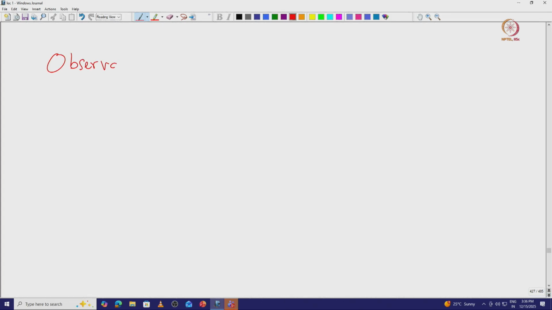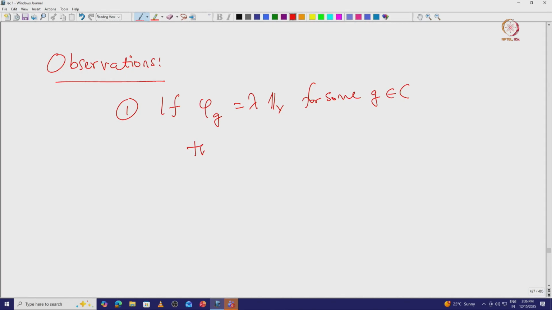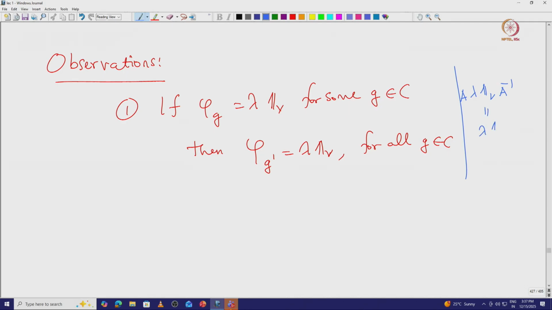Suppose we have phi(g) equal to lambda times identity for some g in C. Then we can conclude that phi(g') equals lambda times identity for all g' in C. The reason is, if I take a scalar matrix lambda times identity and conjugate it with any other invertible matrix A, it is immediate that you get back lambda times identity.